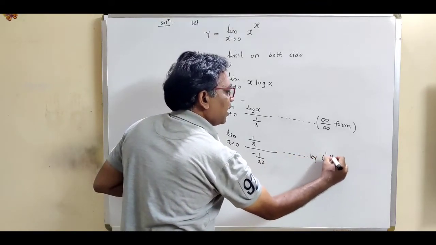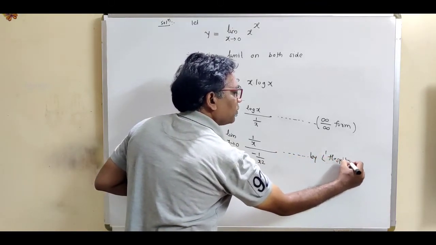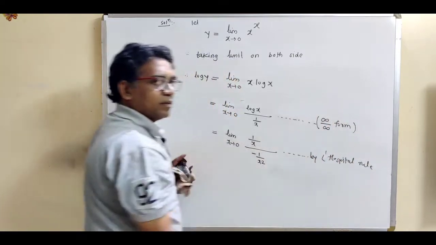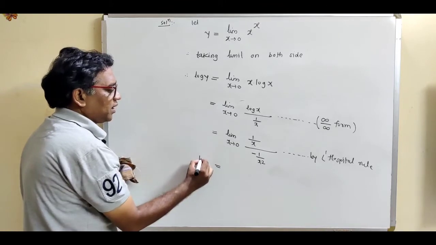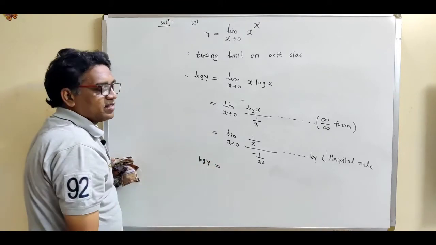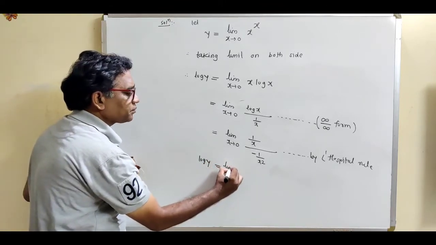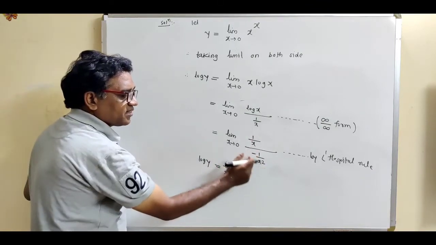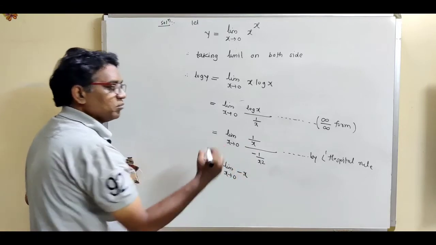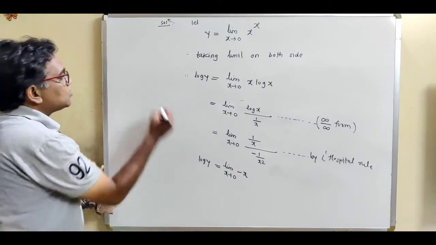This is by L'Hopital rule, or this is called the L'Hopital rule. So this is equal to, write down this left hand side, log y is equal to limit x tends to 0. Now this x gets cancelled. So what is the remaining term? Minus x. So solve this limit.